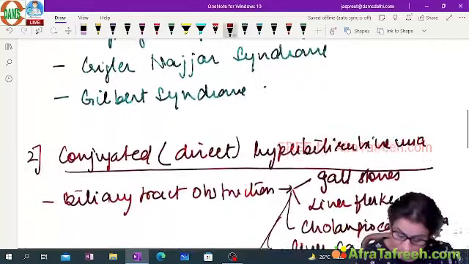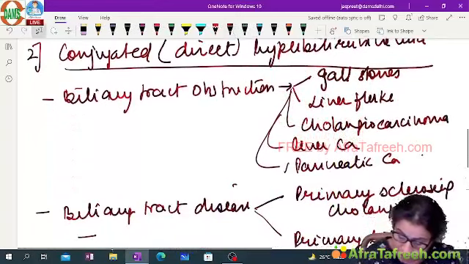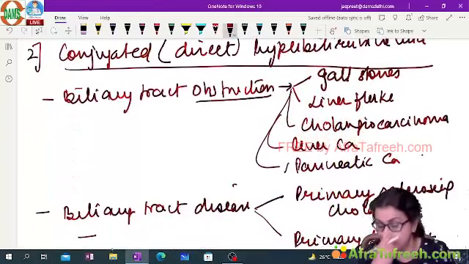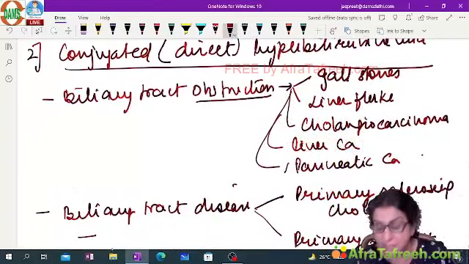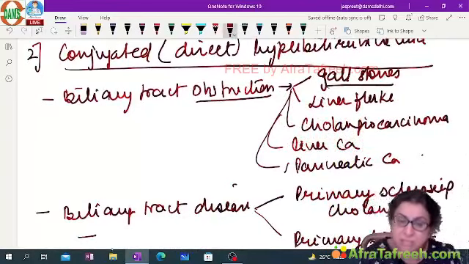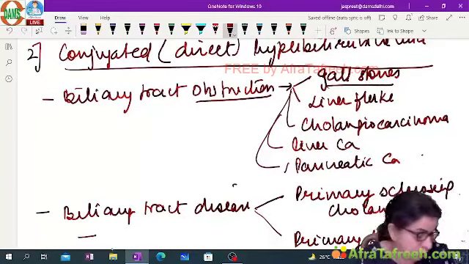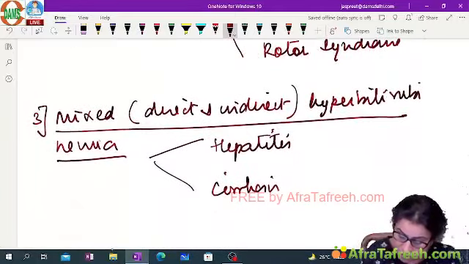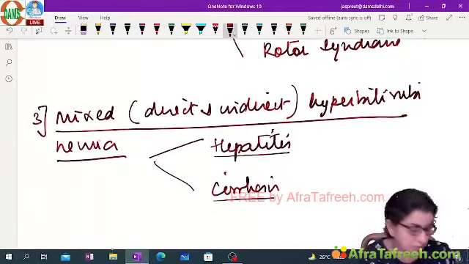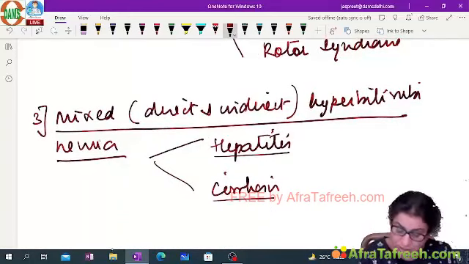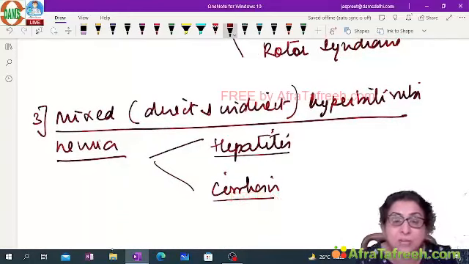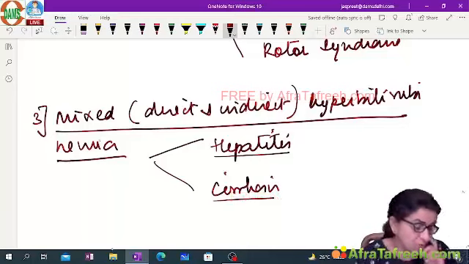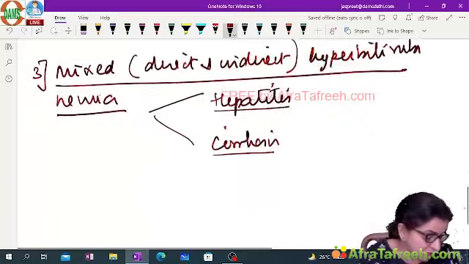The very common cause of conjugated hyperbilirubinemia is obstruction of the biliary tract by gallstones, and the jaundice here is also called obstructive jaundice. And third, in the mixed category, the very important causes are hepatitis and cirrhosis, and this is also called hepatocellular jaundice. We should be able to differentiate between these three.